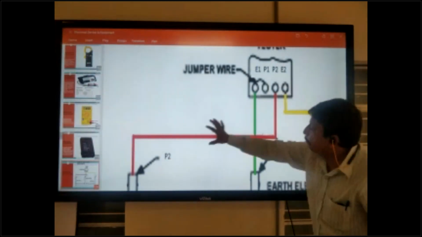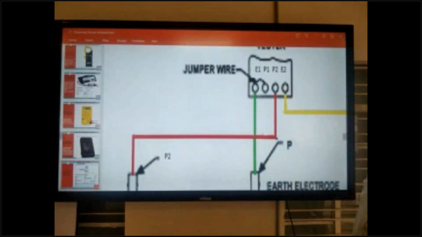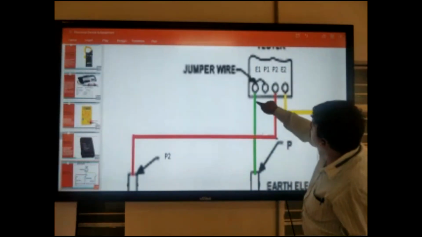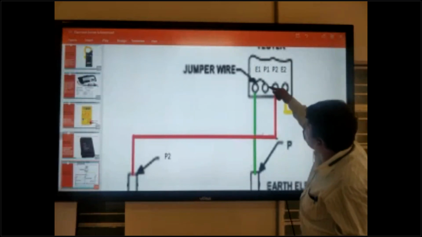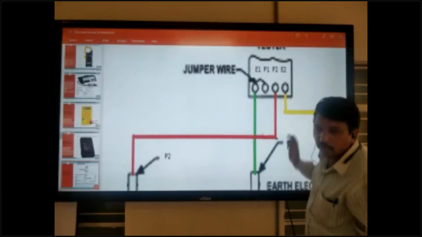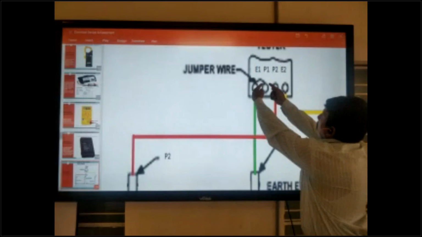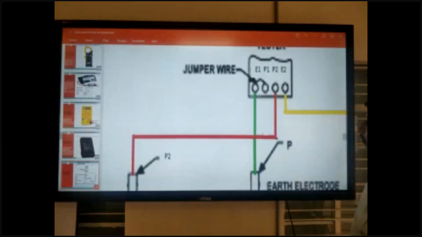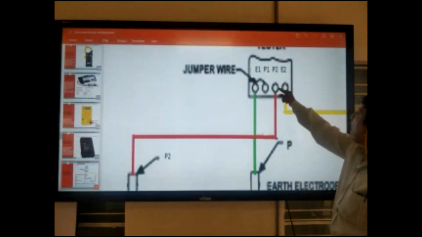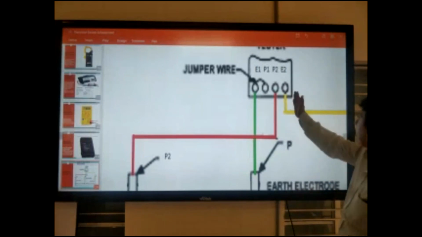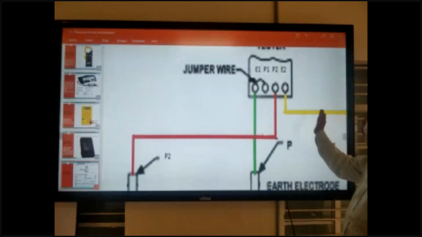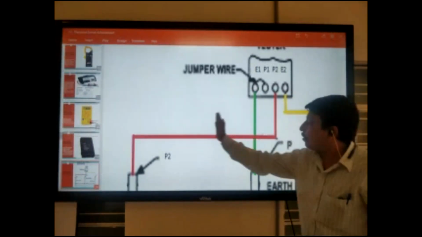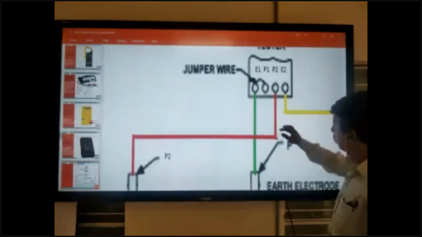And this one is separate, it does not make the loop. The temporary rods are separate, one on one side and the other on the other side, in the opposite direction.